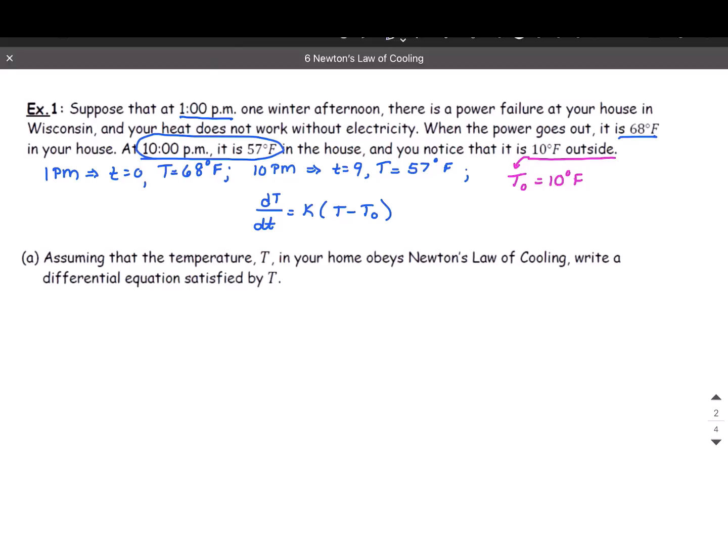Assuming that the temperature T in your home obeys Newton's law of cooling, write a differential equation satisfied by T. So that's why we used this differential equation here. We're going to do dT over dt equals k times T minus, and the only thing we can substitute in is the 10 for the temperature in the environment. That's it. That's part A. We wrote our differential equation.